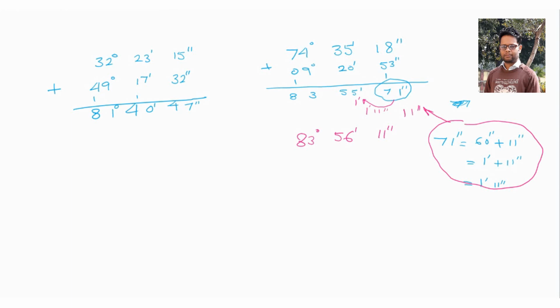Now I will discuss types of angles. Suppose this is 60 degrees, that means this is an acute angle, A-C-U-T-E, acute angle.